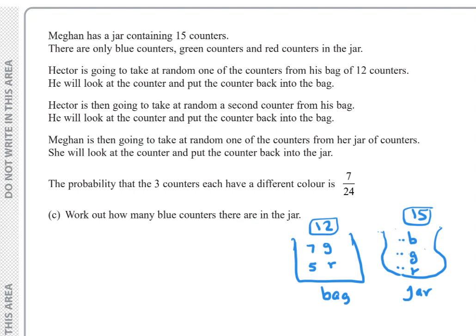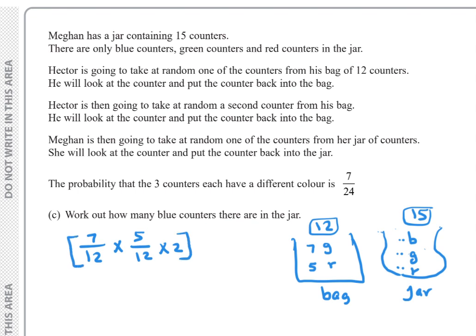So the probability that the 2 counters from the bag are 1 green and 1 red is 7 over 12 for green and 5 over 12 for red, multiplied by 2 because the order does matter. Maybe the first green and second red, or the second green and the first red.